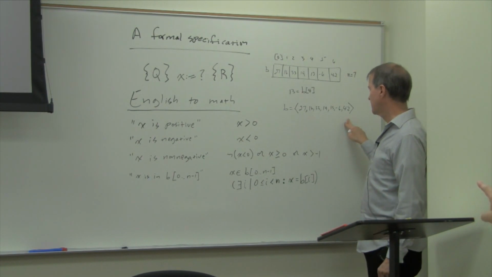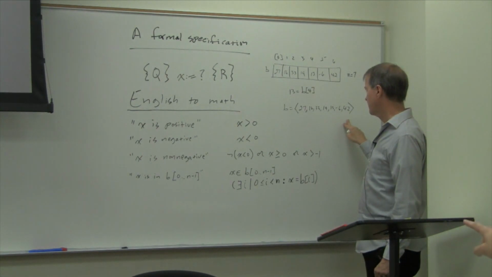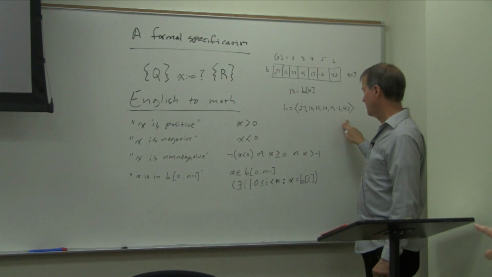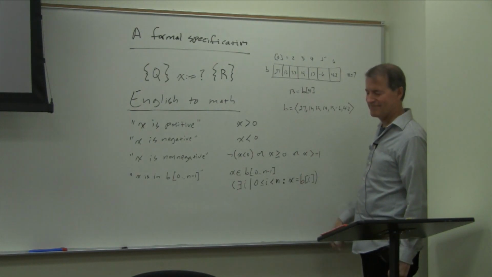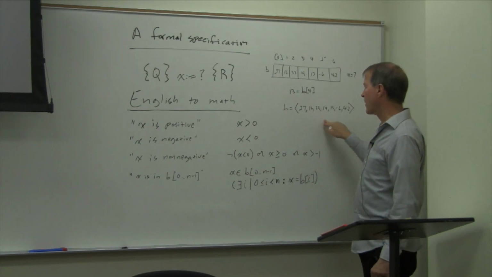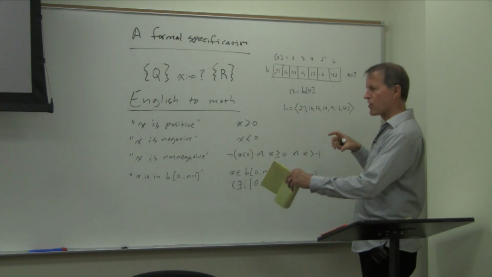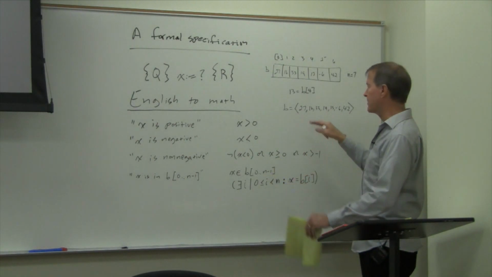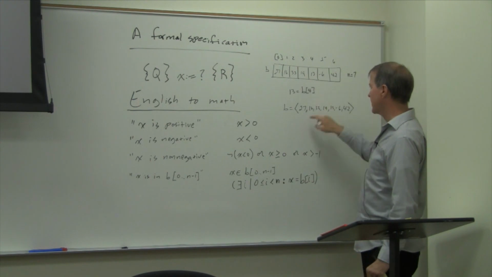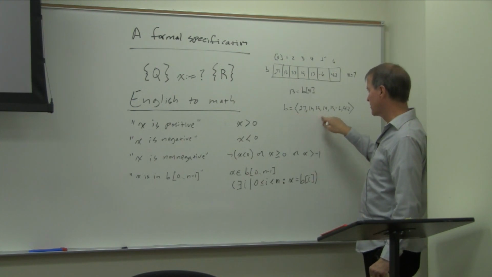Could you say x is an element of that, and then have there exists an i of type B, range true? No, B is the array. B is the collection of all of them, ordered like this. That's why we use angle brackets. B can't be a type.